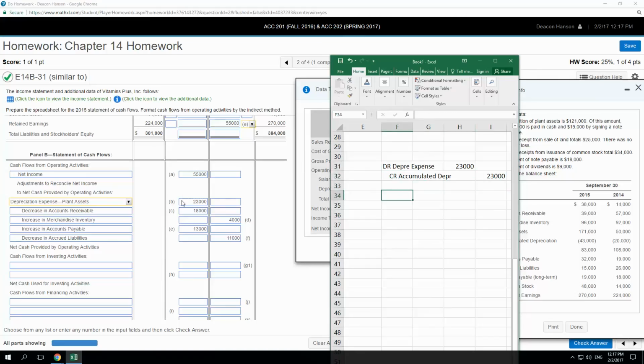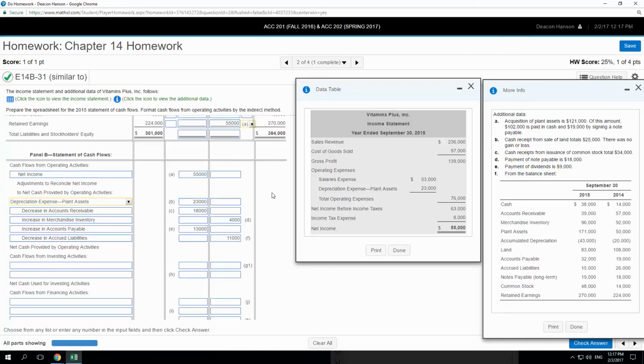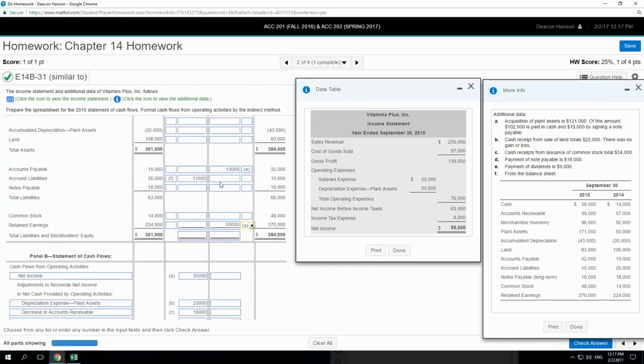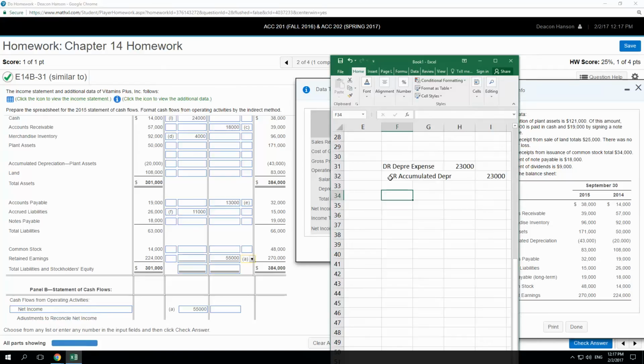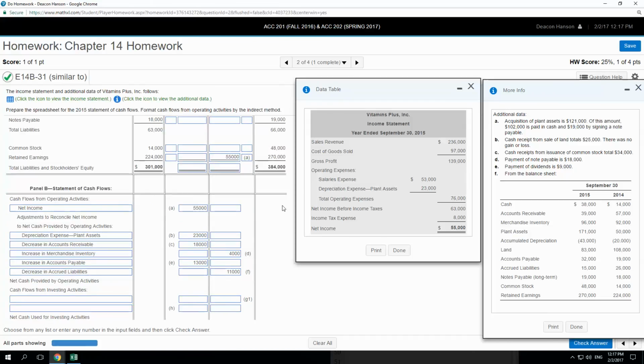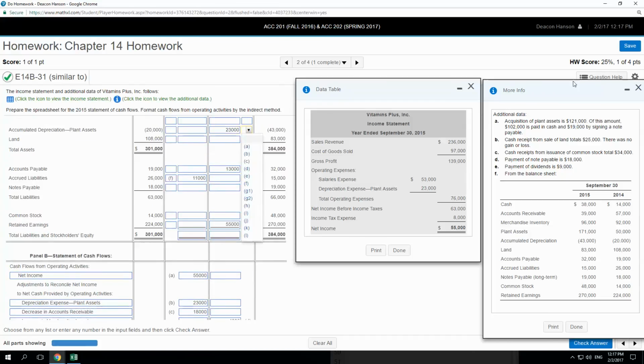So this item B is going to be cross-referenced up here in the balance sheet to an increase in accumulated depreciation. That 23,000 is that credit to accumulated depreciation. So we drop the 23 in here, in the credit column, and we can cross-reference that letter B up here.